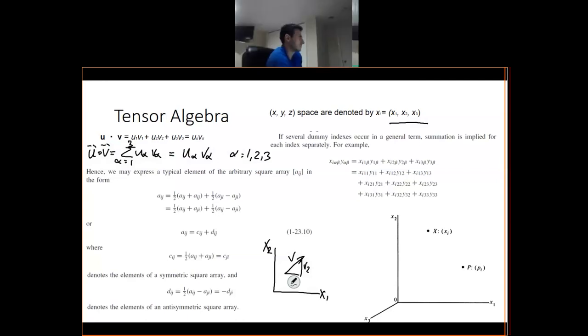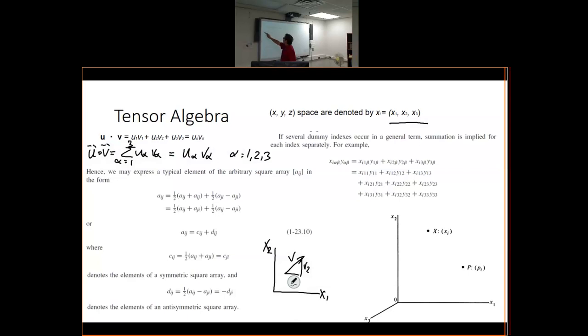Thank you. So again, I wrote here u dot v is summation u alpha v alpha, which you can drop the summation altogether and you have u alpha v alpha as described above. And if this is a vector v, then we can have v1, v2 as the components.